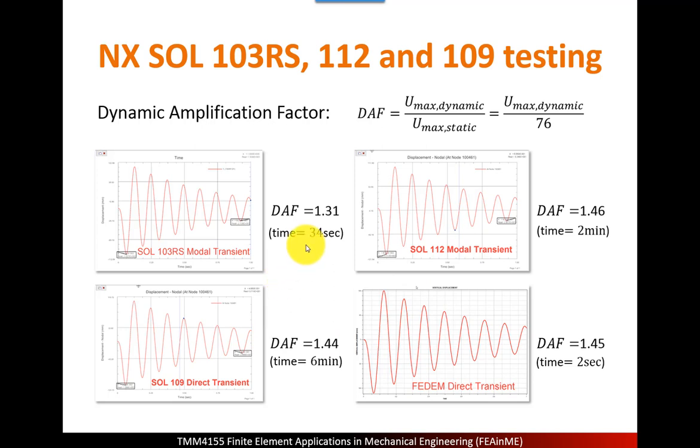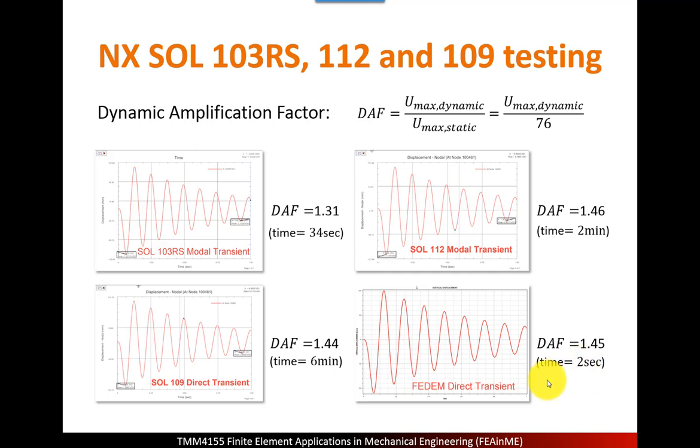The main difference is the simulation times, and here you see the SOL103 RS was quite fast with an elapsed time of 34 seconds. The SOL112, which is also a modal solver, was 2 minutes, and the direct solution took 6 minutes. And also FEDEM, it's a direct solver, but the elapsed time there was only 2 seconds.